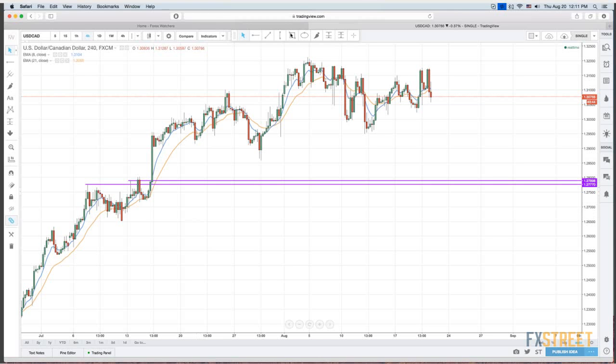Okay, and here's one more, a third line. Which one is it? The zone, the whole area there?